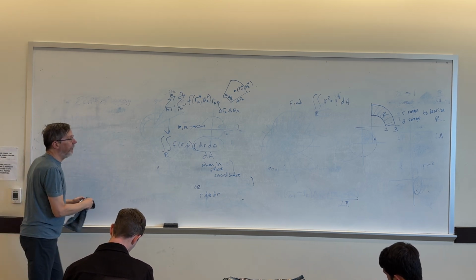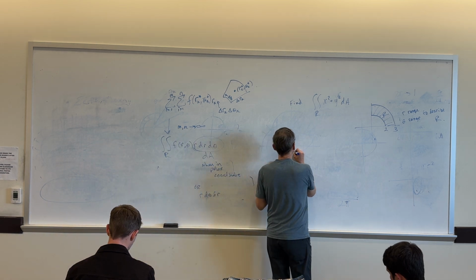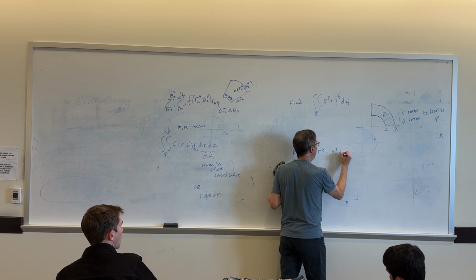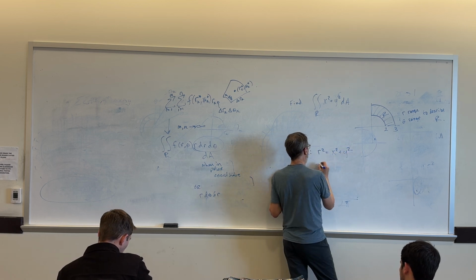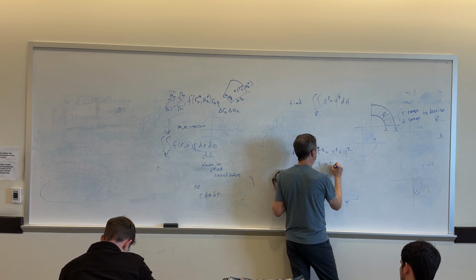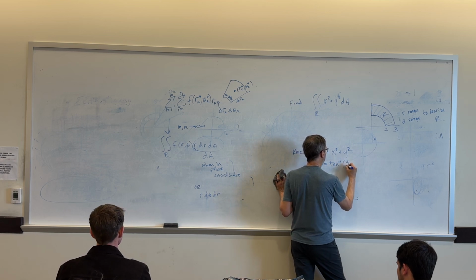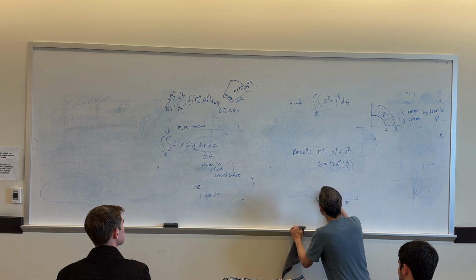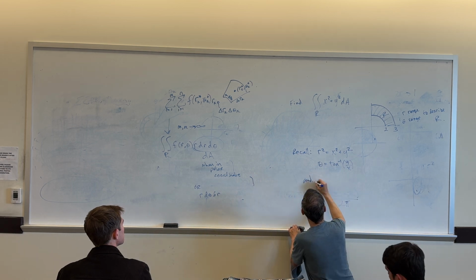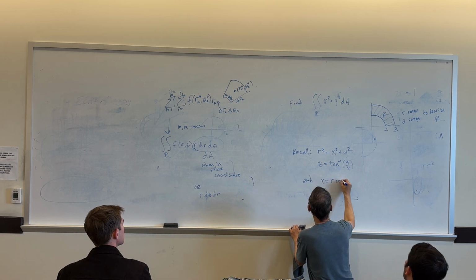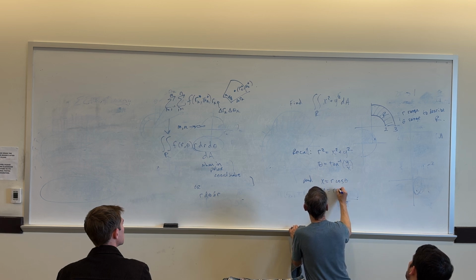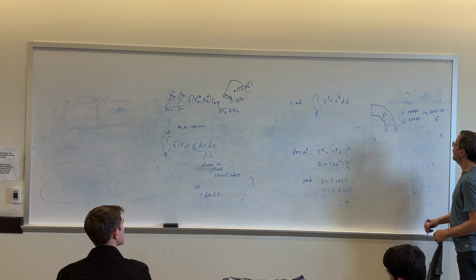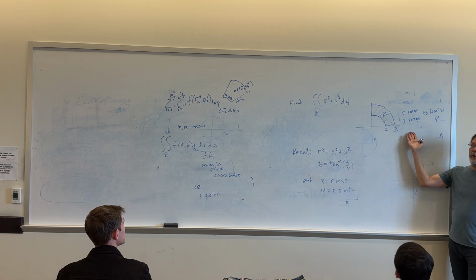I'm going to put up a few other things that we need. Call r squared equals. We'll get to those in a minute. So can somebody tell me what's the r range here?